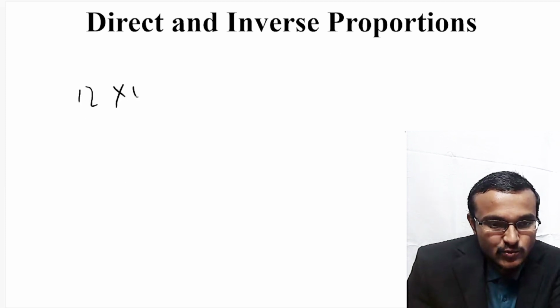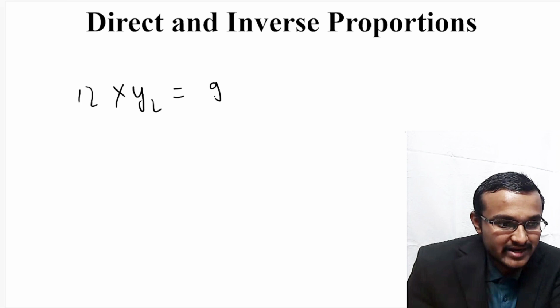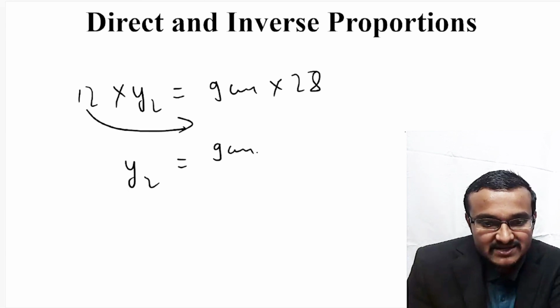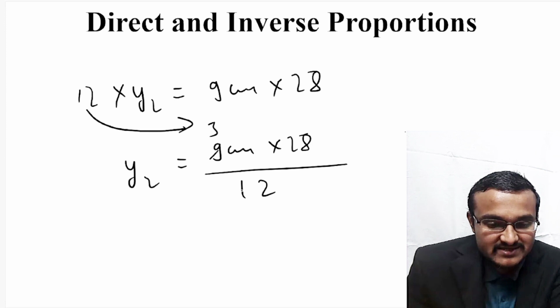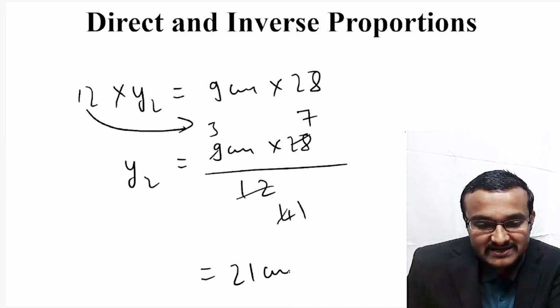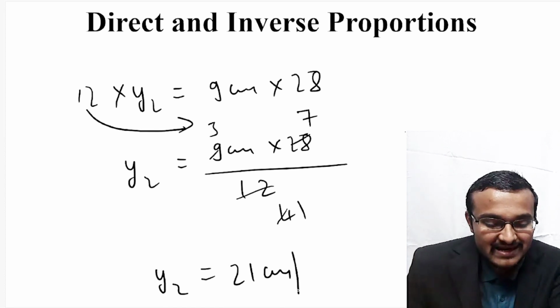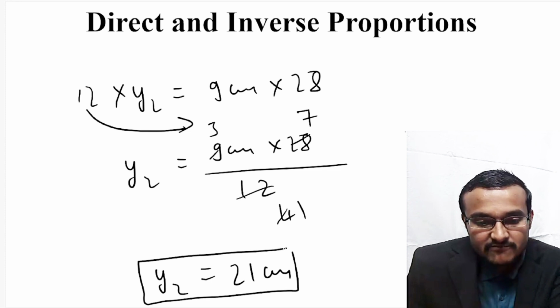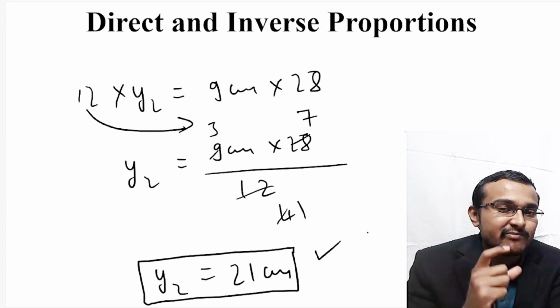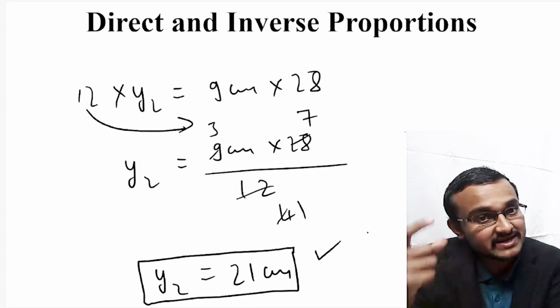So 12 into y2 is equal to 9 centimeter into 28. You can bring this 12 to RHS. It will become y2 is equal to 9 centimeter into 28 divided by 12. So here 3 3s are 9, 3 4s are 12, 4 1s are 4, 4 7s are 28. So 7 into 3 will be 21 centimeter. So the length of the mast of a model ship should be 21 centimeter when the length of mast of the original ship is 28 meter.